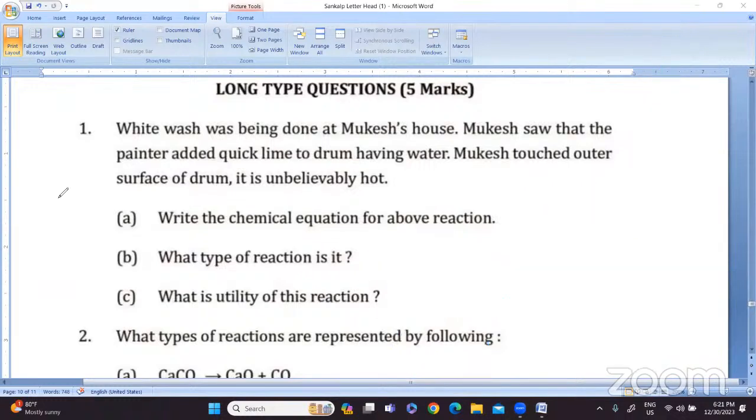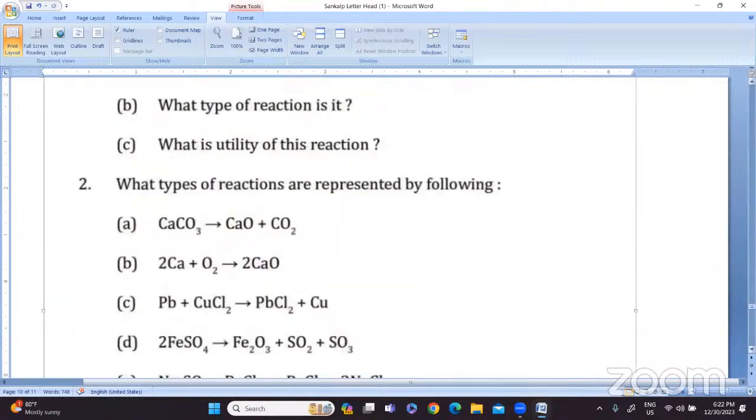What types of reactions are represented by the following? A. CaCO3 giving you calcium oxide plus carbon dioxide. B. Ca plus O2 giving you 2CaO.